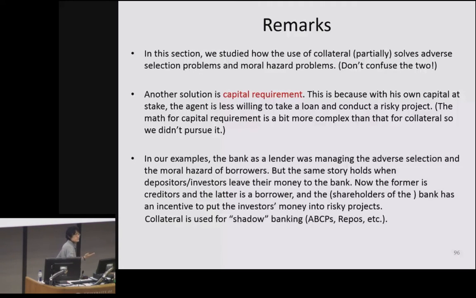And these banks have to borrow money from investors and creditors. And the shareholders of these banks have incentive to take a lot of risk. They have incentive to invest in risky assets, risky borrowers, and risky projects. And the creditors of these banks have almost no idea how much risk these bank shareholders are taking.